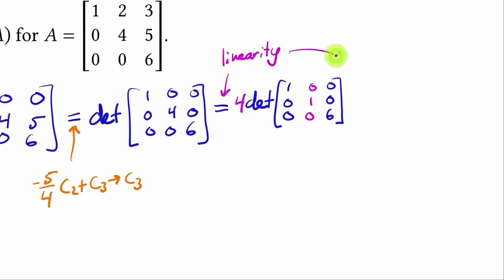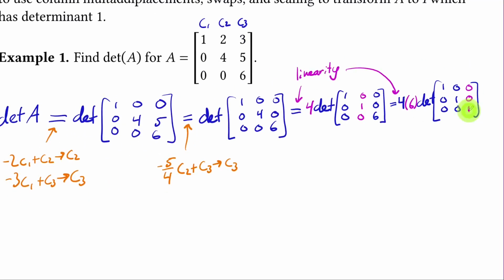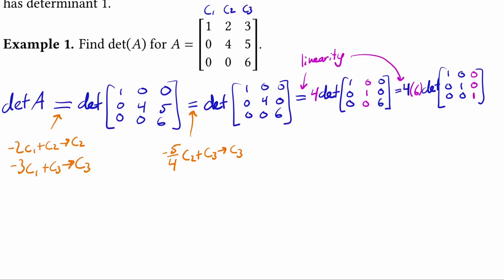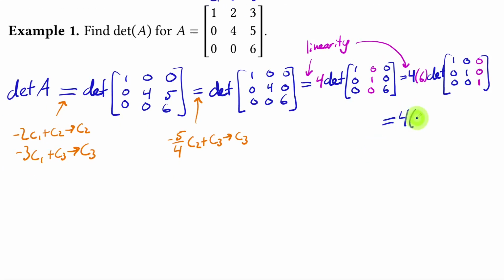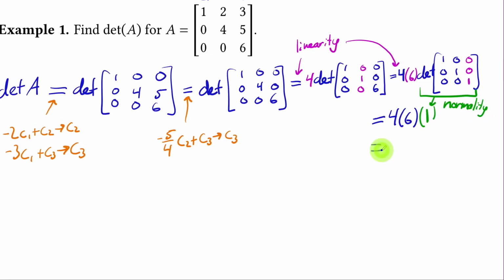And we're going to do the same thing here with the 6. And the result now is just going to be 4 times 6 times 1. That's the normality condition. So yeah, this comes out to be 24.